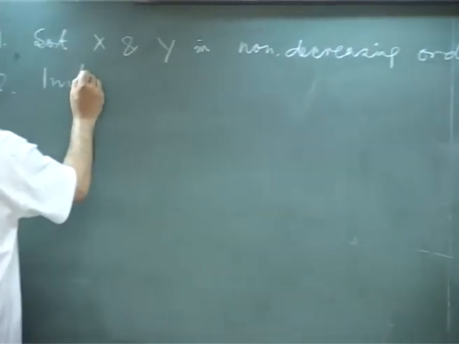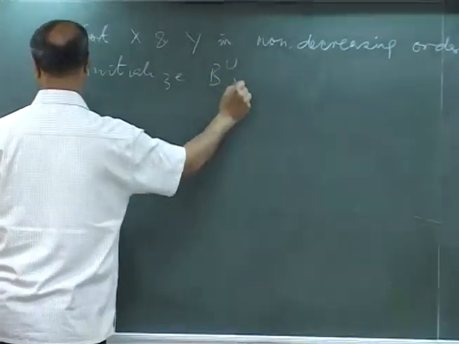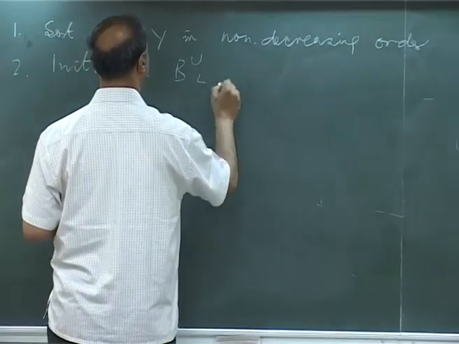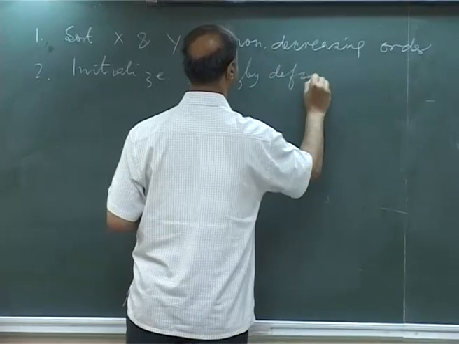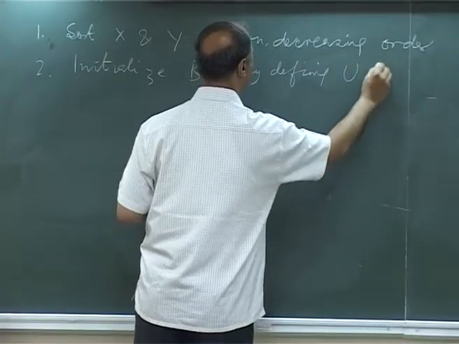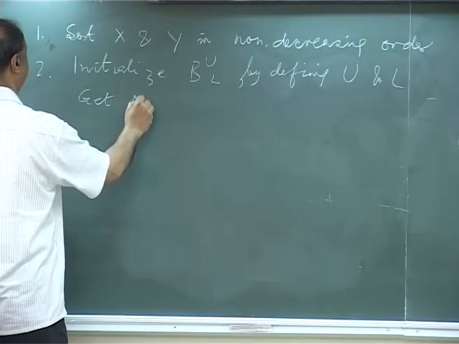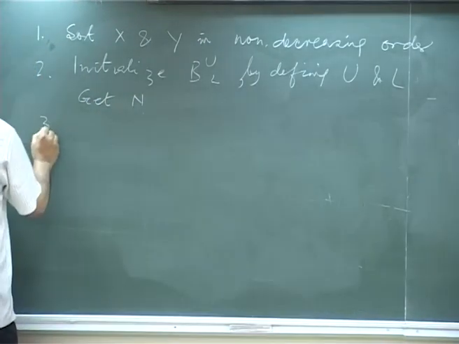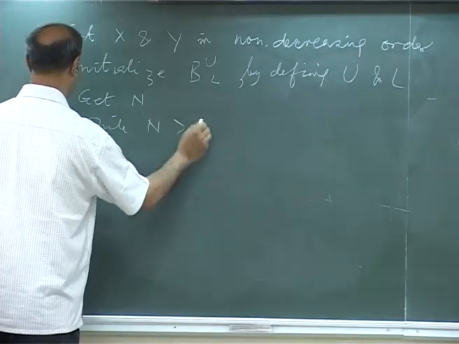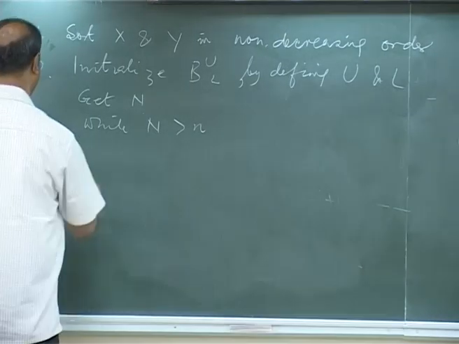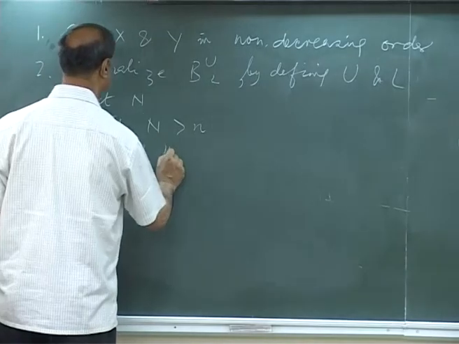Initialize BUL by defining U and L. Get N. While N greater than n, find the second largest element.